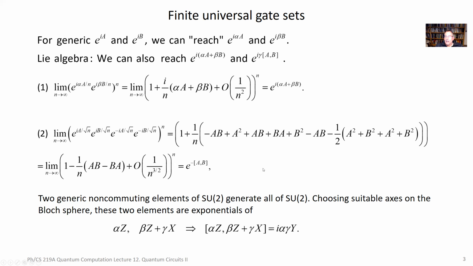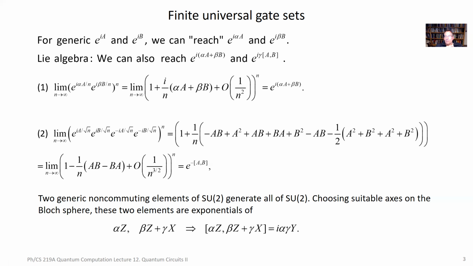So what I'm saying is, if we can come as close as we want to A and we can come as close as we want to B, we know how to construct a circuit like this, which is going to come as close as we want to the commutator of A and B. Or what I just said was really a shorthand for saying that the exponentials, which are the unitaries of e to the IA and e to the IB, are in our repertoire.